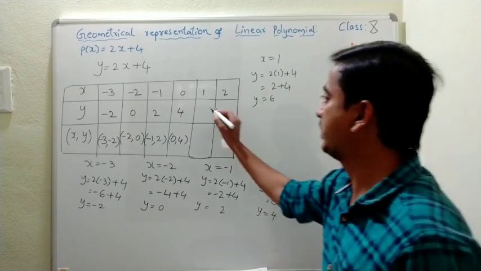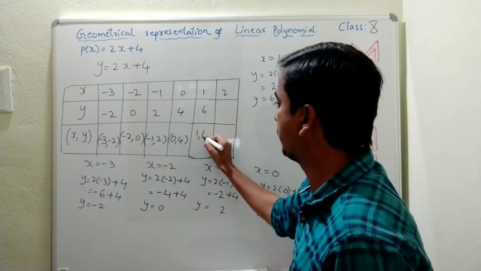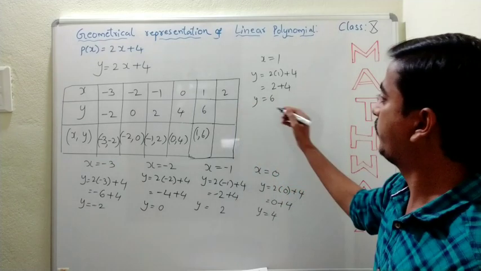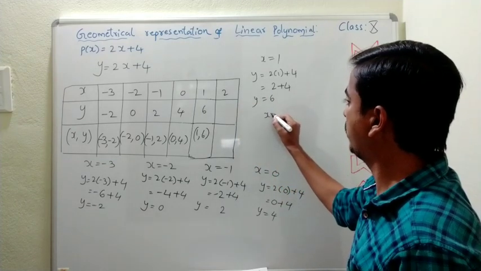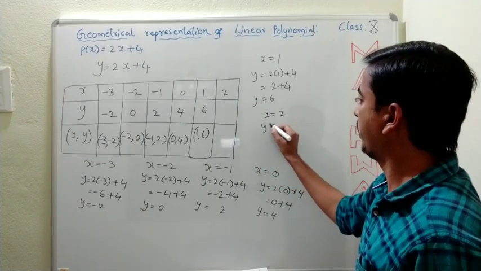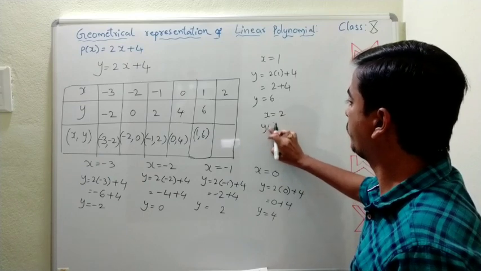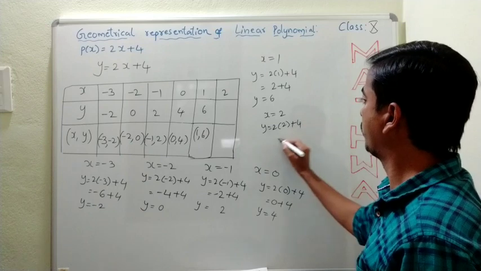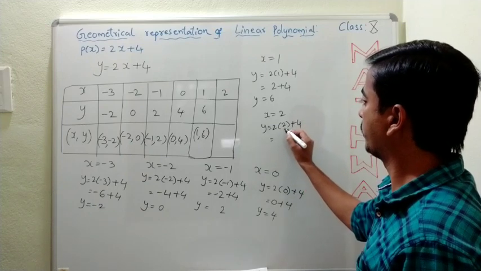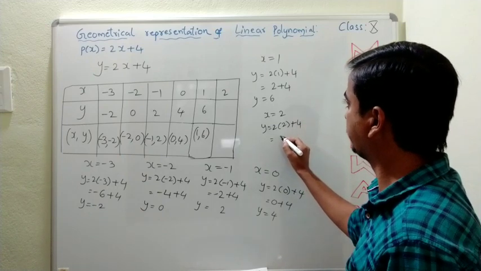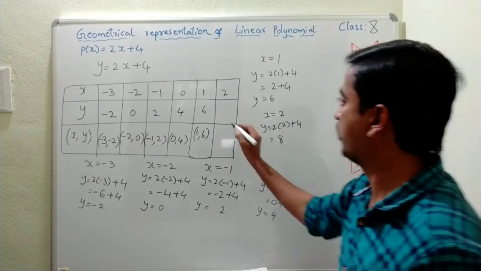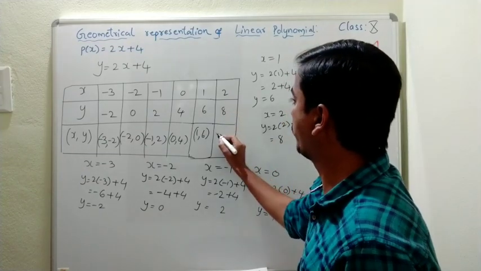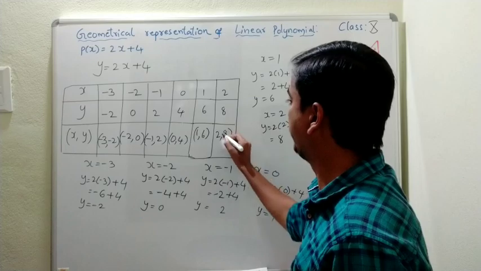So the point is 1 comma 6. When x equals 2, y equals 2 of 2 plus 4. 2 twos are 4, and 4 plus 4 is 8. The point is 2 comma 8.